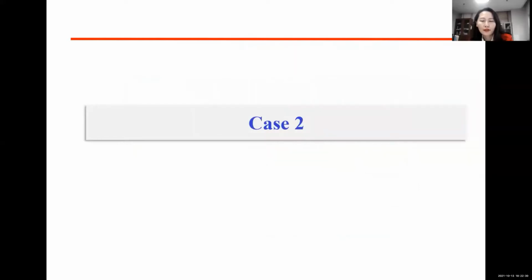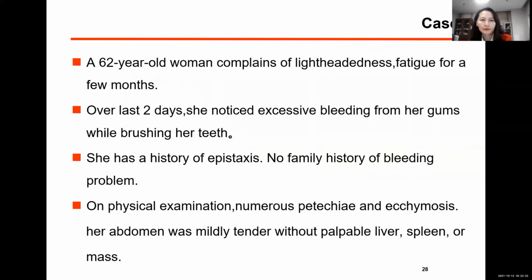I will share another case. A 62-year-old woman complains of lightheadedness and fatigue for a few months. Over the last 2 days, she noticed excess bleeding from her gums when brushing her teeth.